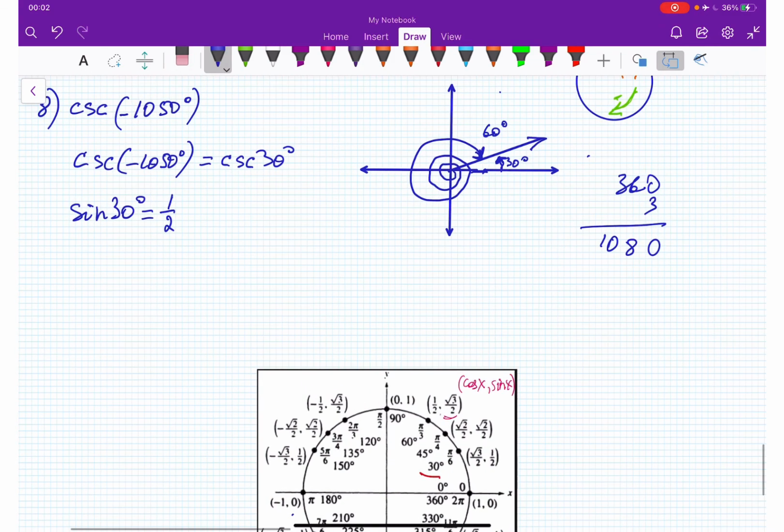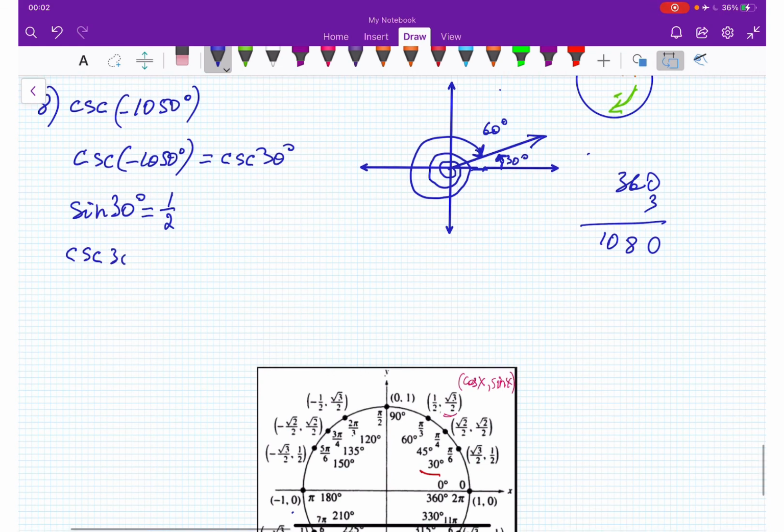Cosecant 30 degrees is 1 over sine 30 degrees, right? Because we flip it, which is going to be equal to 2. All right? That's how we get it done.